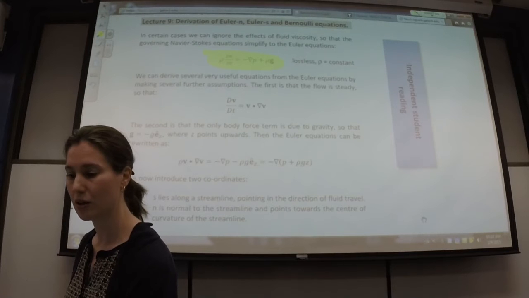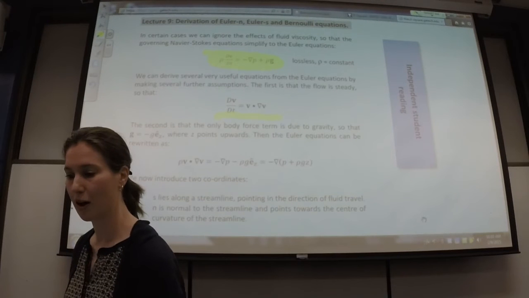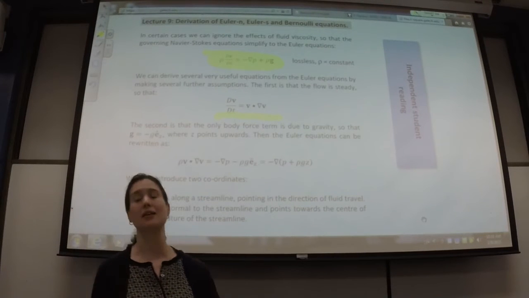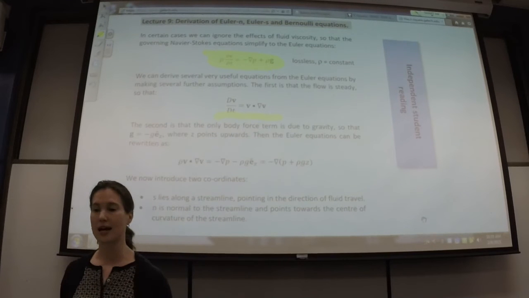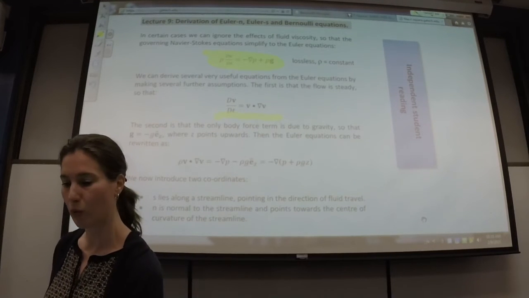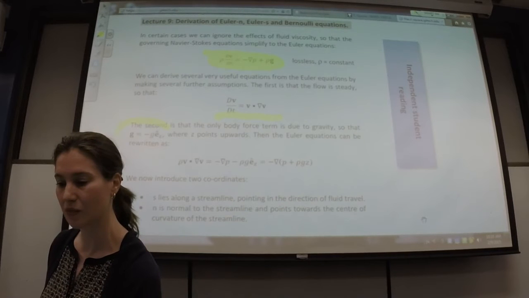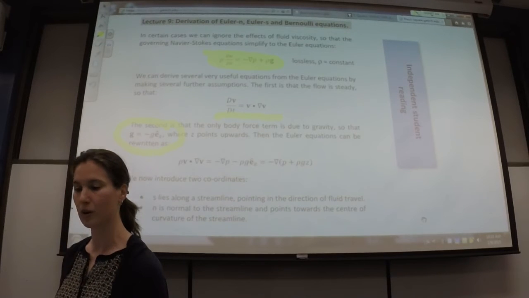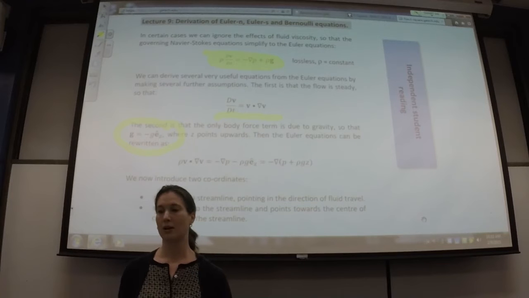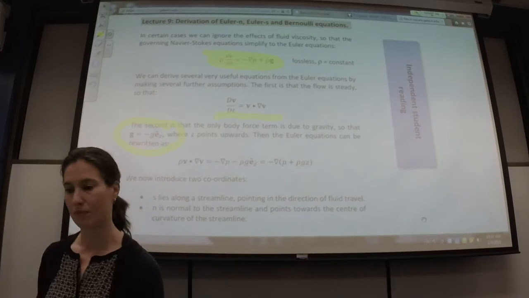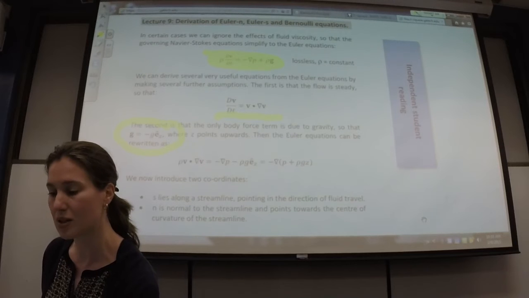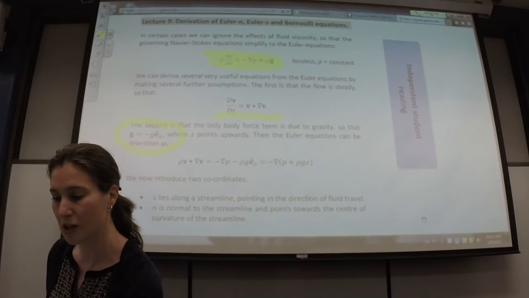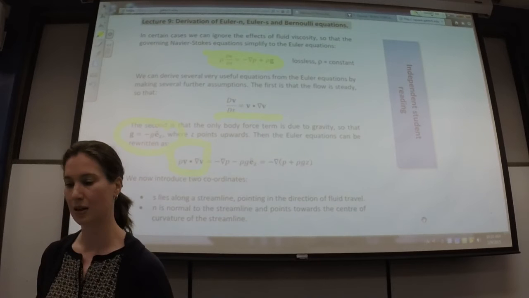So then going down here, and that the only body force term is due to gravity, so that we're considering the z component alone, and so this substantial derivative is going to be rewritten on the right-hand side as this.